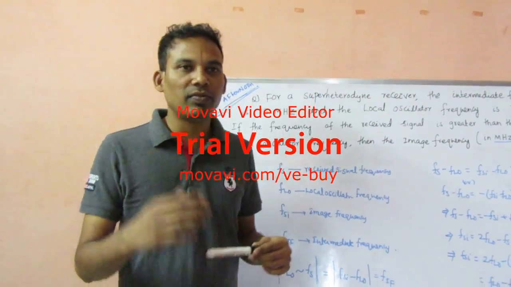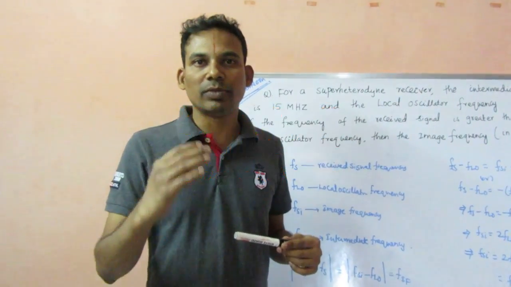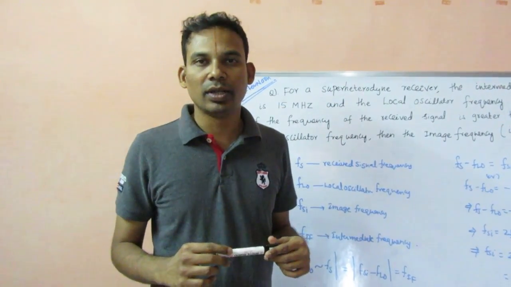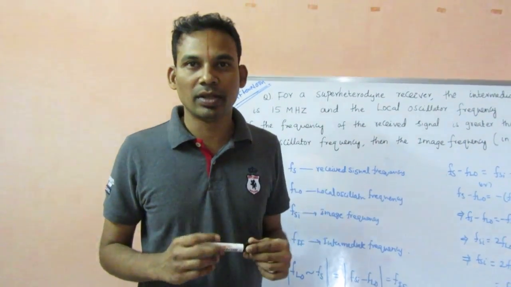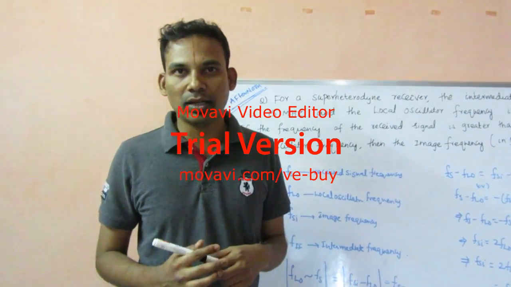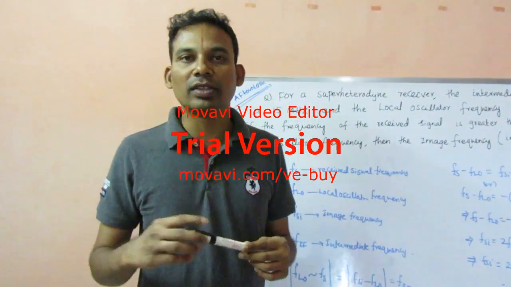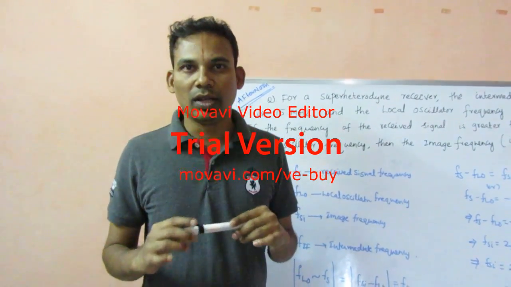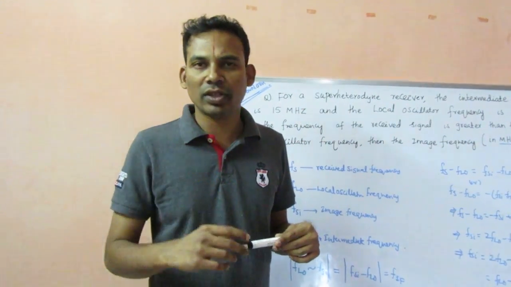And especially for communications, you should read most of the concepts from probability and random process. Why? Because that subject is the basis for communication systems. Once you have some idea and familiarity in random process, solving questions from communication systems is very simple. In most of the questions you can solve in 3-4 steps only.